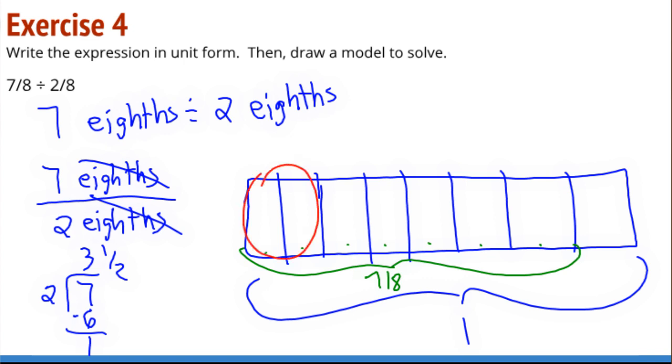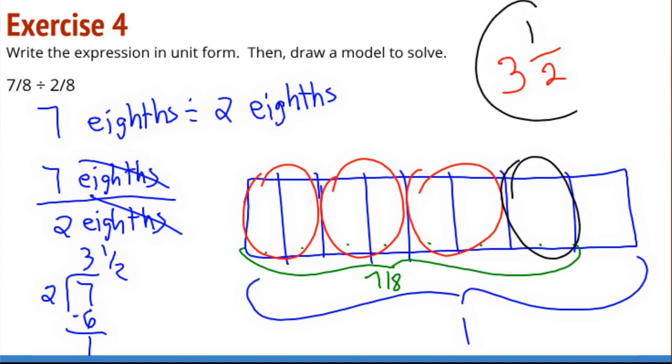So there's a group of 2, there's a group of 2, there's a group of 2. So I've got 3 whole groups of 2, and I'm making groups of 2, which will leave me with a denominator of 2 then. And I've got 1 piece left over, so I get 3.5 groups of 2/8.